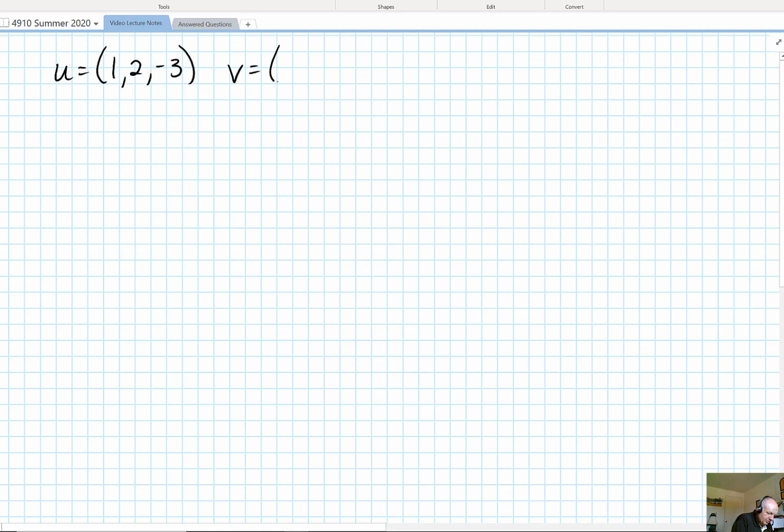V equals 3, 1, negative 2. And W equals 5, negative 5, 6. We found that they were dependent, and we had an expression for the solutions A, B, and C.